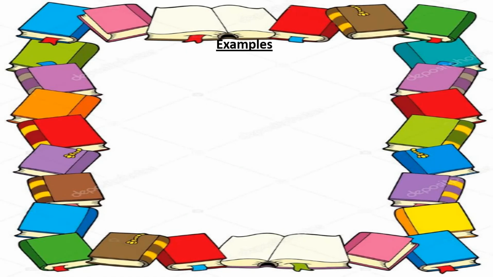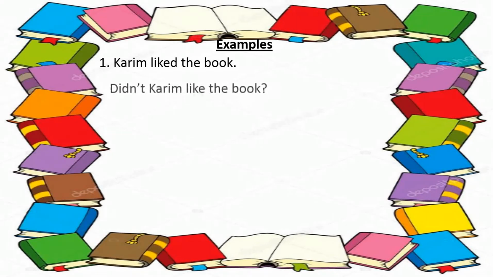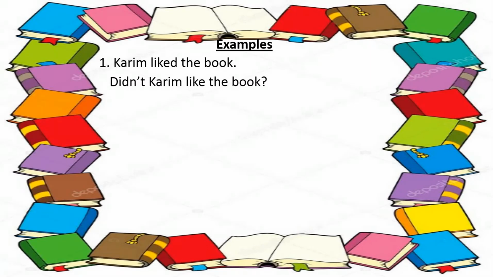Okay, let's go for some examples. Karim liked the book. Here the sentence is past indefinite tense and affirmative, so you have to write didn't. Didn't Karim like the book? The base form of liked is like. You have to write the base form of the verb if you use don't, doesn't or didn't in any sentence.